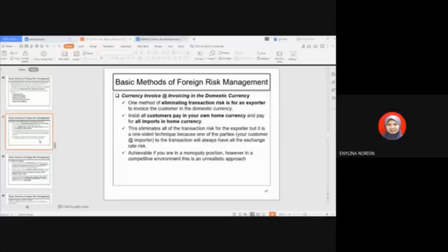And vice versa, if your company imports goods from a foreign supplier, your company will pay the import in your home currency, and then the foreign seller will convert it into their currency, and automatically the foreign supplier will bear the transaction risk. So as a result, the transaction risk will be borne by the foreign supplier.